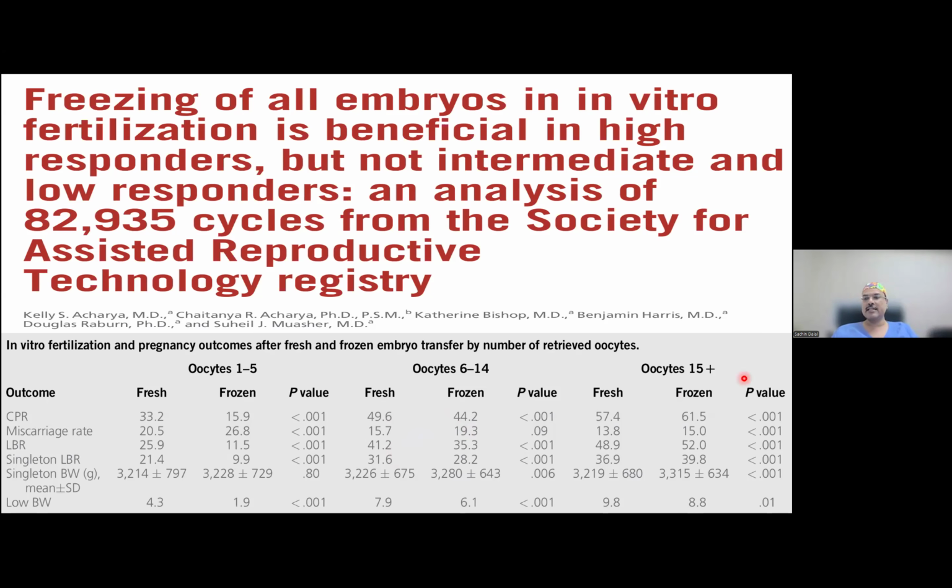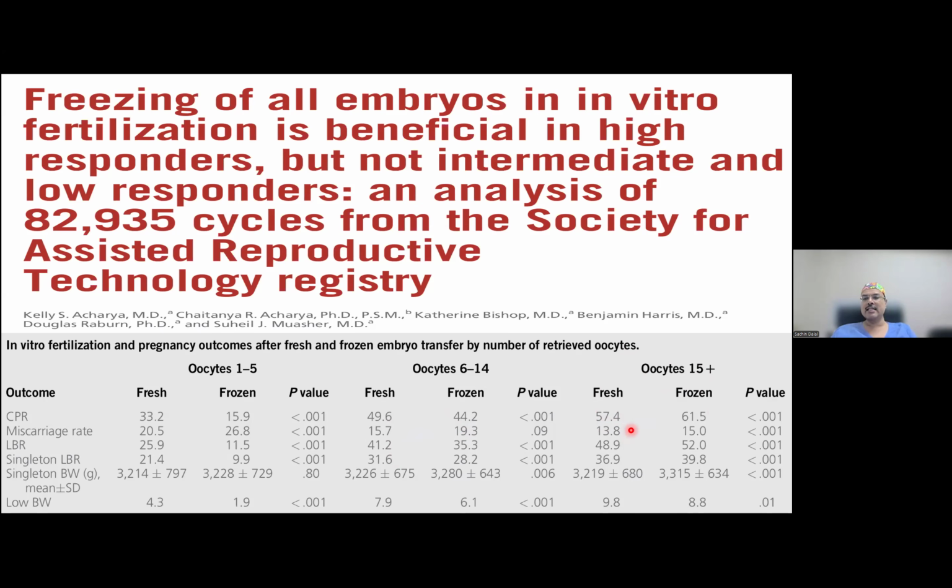Where the picture changes is when you have more than 15 oocytes, where you would not want to do a fresh transfer in today's time and age because of a possibility of OHSS. But here also they've got a fresh pregnancy rate of 57%, while frozen has given better.